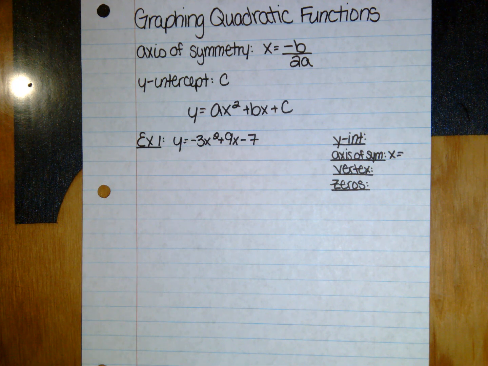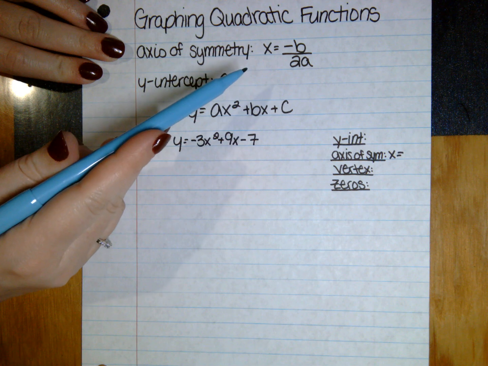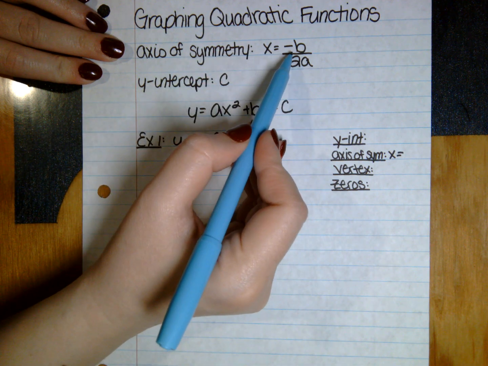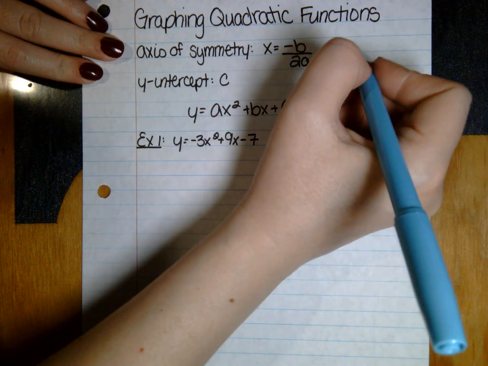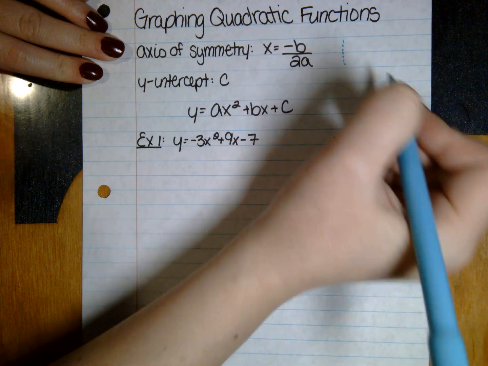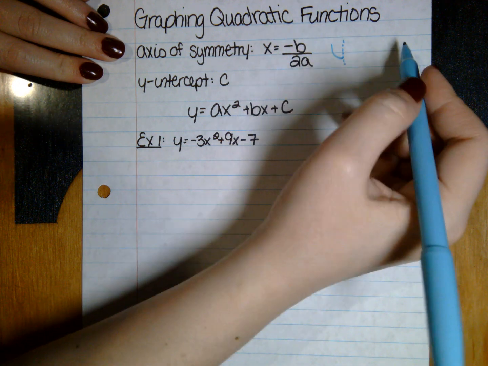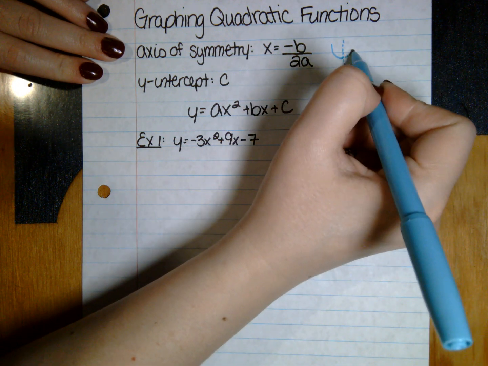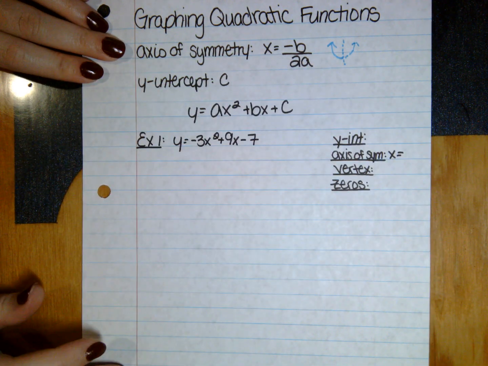So just as a refresher, the equation for our axis of symmetry is negative b over 2a, which is going to equal that x. We said your axis of symmetry is that imaginary vertical line where your parabola is going to form its mirrored image over, okay?